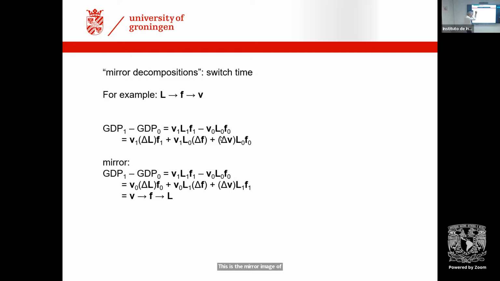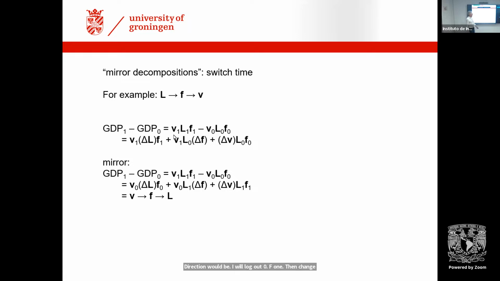But here now we have another one. So L F V. Start with V1 L1 F1 and start by changing the L1. That gives you delta L. Make the correction. The correction would be V L0 F1, and then change the F, and that gives you this expression.